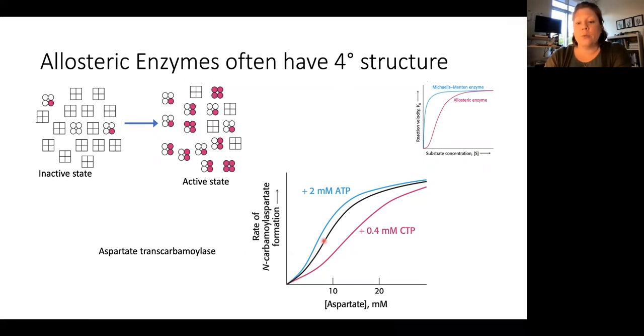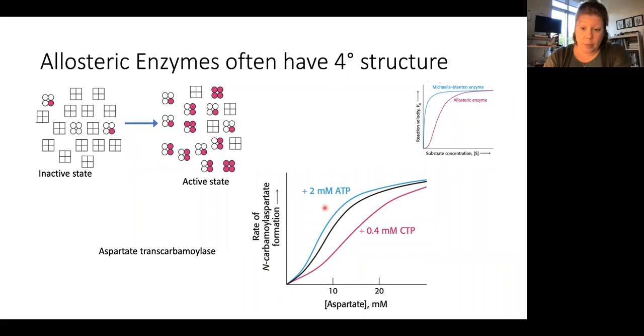Then at some point, we really start to ramp up the reaction rate, and then slowing up here as we get closer to Vmax. And remember that this lag here is due to the time it takes to get from the inactive state to the active state. And I would call this inactive state the R form, the relaxed form. And we'll talk more about this as we get into glucose metabolism.